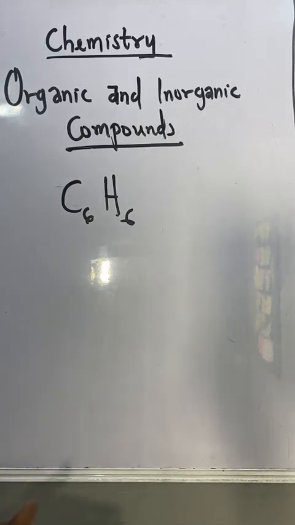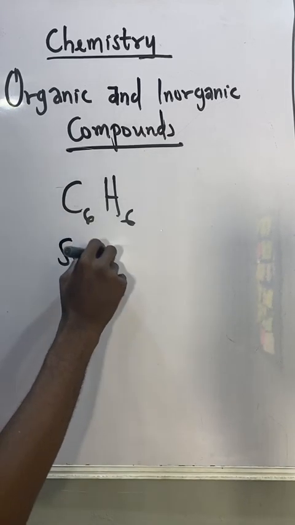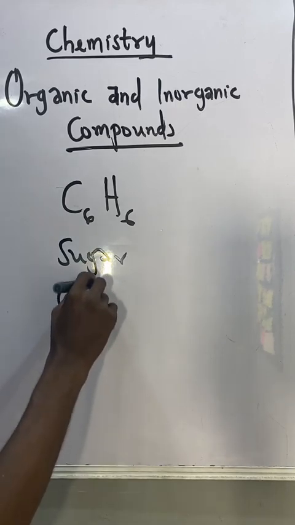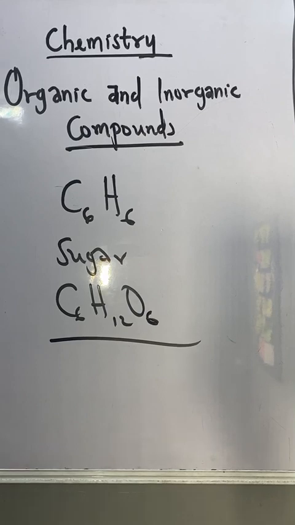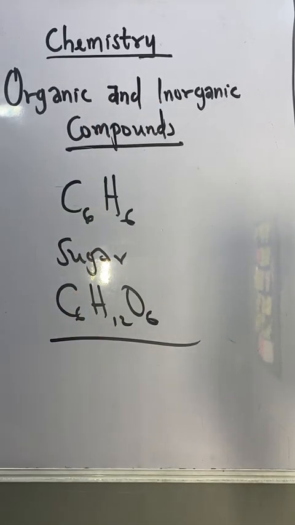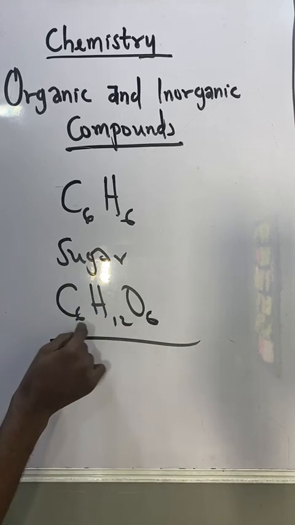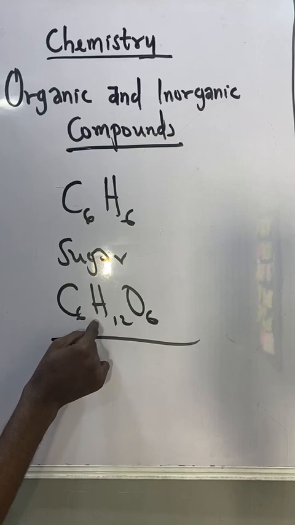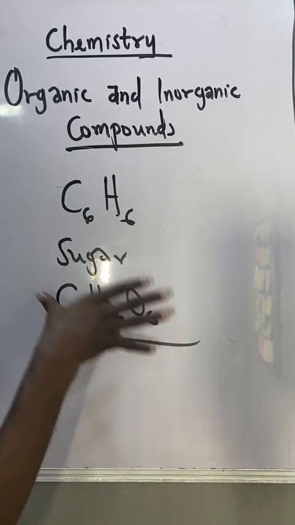Apart from that, we also have some impure hydrocarbons like sugar, glucose, that's C6H12O6. This is also an organic compound, even though it is not pure. It is not a pure hydrocarbon because every pure hydrocarbon will have only carbon and hydrogen, no other element attached to it. But this one is impure.